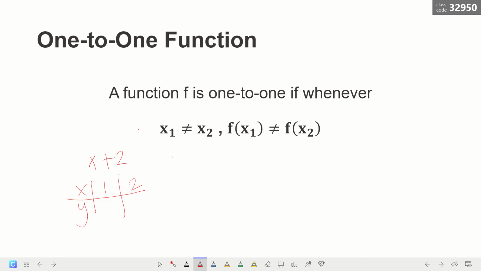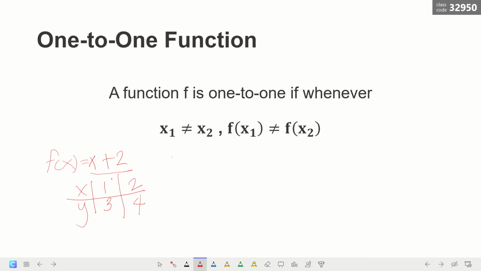So here in our example, we have an expression of our function, f of x is equal to x plus 2. Our x of 1 is 1 and our x of 2 is 2. If we substitute and evaluate this function using these values of x, 1 plus 2 is equal to 3, and 2 plus 2 is equal to 4.